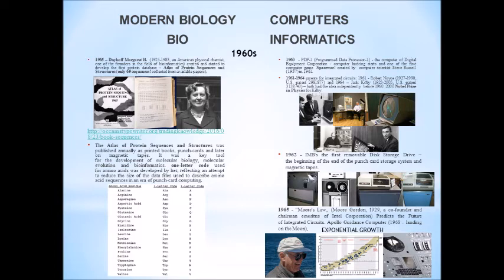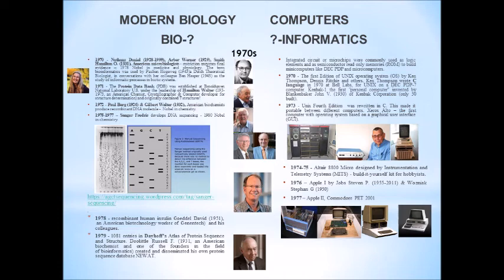But next we have the 70s, yes? It's actually the time when the computers are smaller, and we have of course some discoveries in modern biology. We have lots of discoveries in the 70s.